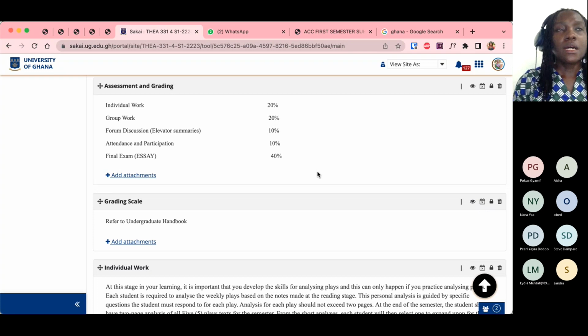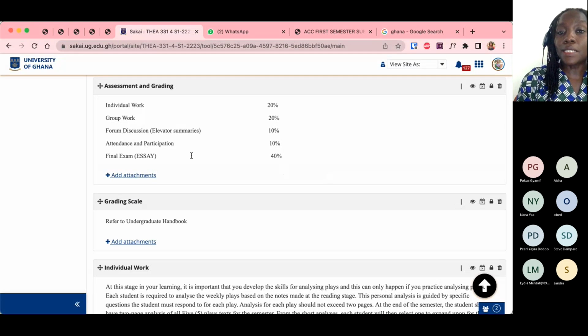Assessment and grading. Individual work done by students across the entire semester as part of continuous assessment constitutes 20%. And then group work within the same mode also constitutes 20%. And then forum discussion, where you put elevator summaries of the plays you are reading, constitutes 10%.